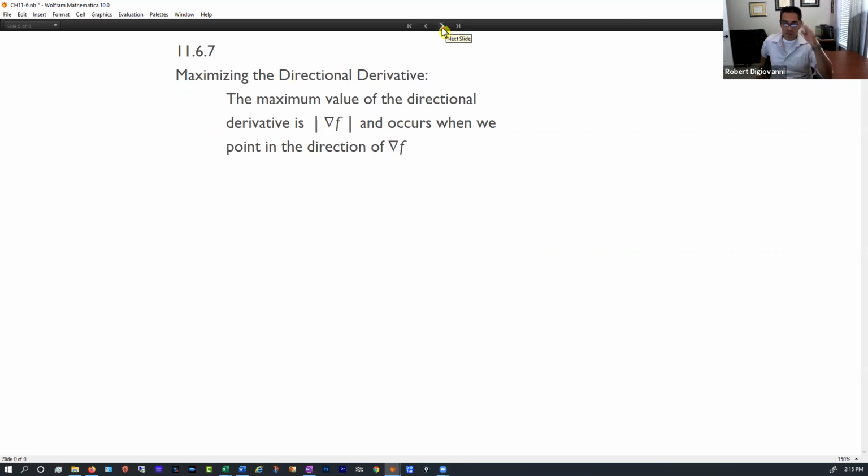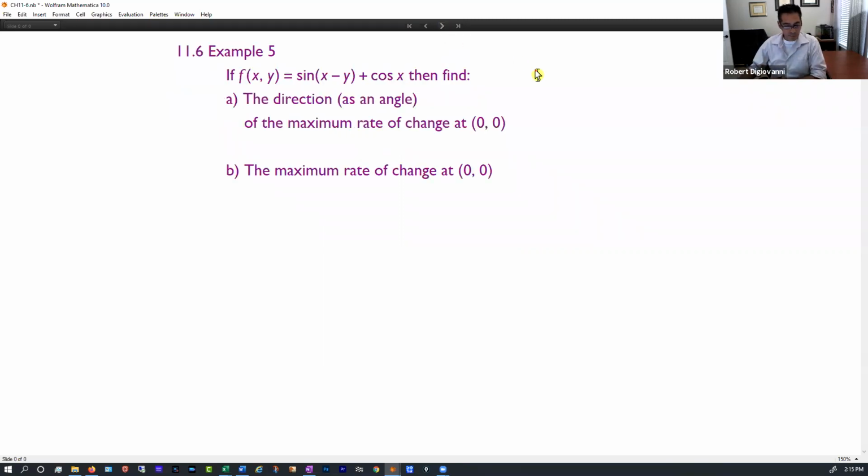Now, for me, this has always been just mind-blowing, because all you need to know about which way to point to go up the highest or go up the fastest is all you need to be able to do is calculate partial derivatives. If you can just calculate those two partial derivatives, you're done. You're done. So let's see it in action.